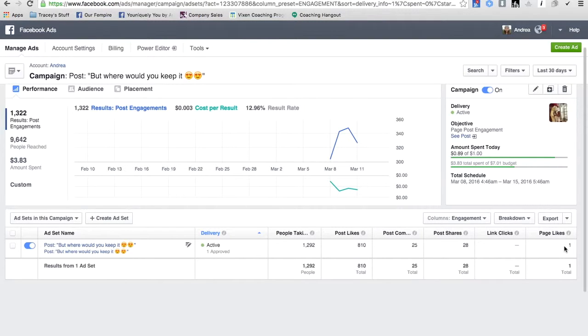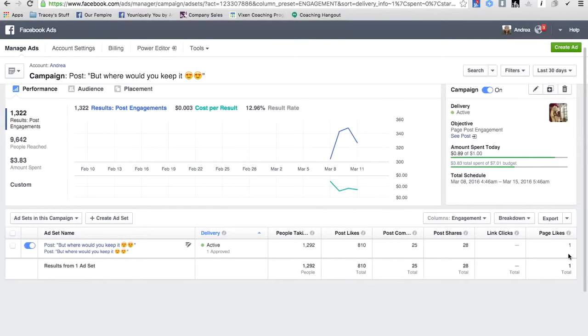So a question I get asked is, what determines whether or not an ad is successful? Success is, in my opinion, based upon two things. If you're doing a non-product ad, success is based upon the interactions that your business page is getting. And the best way to determine that is to look at the page likes.